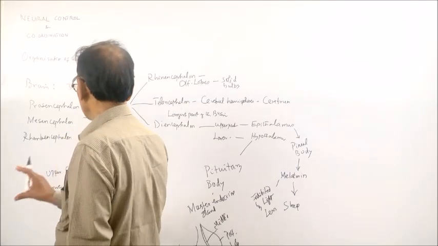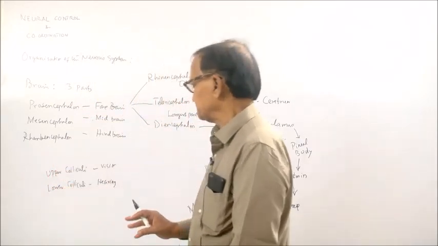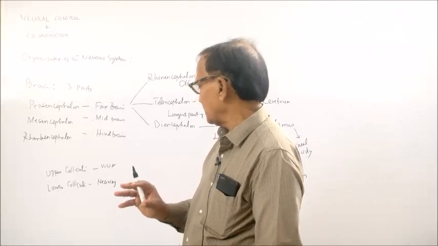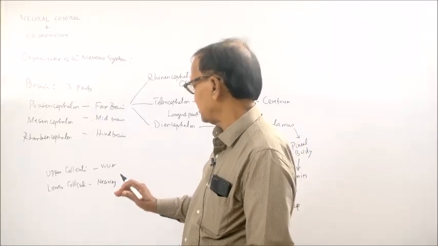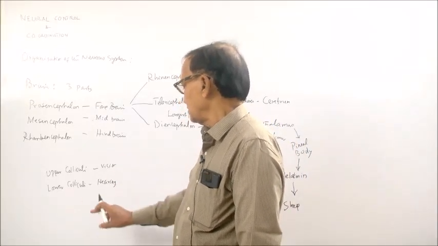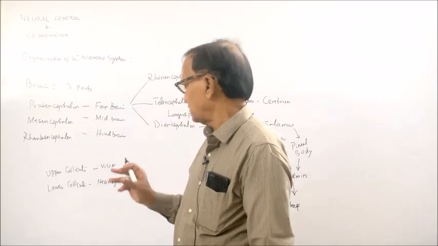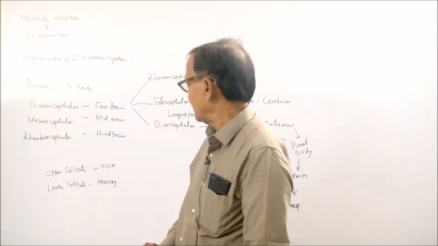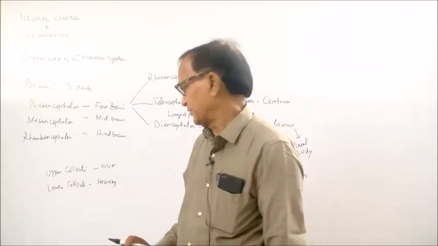That means there are 2 upper bulgings and 2 lower bulgings. Upper bulgings are called upper colliculi, they control vision. Lower pair of bulgings, they are called lower colliculi, and they are concerned with hearing.